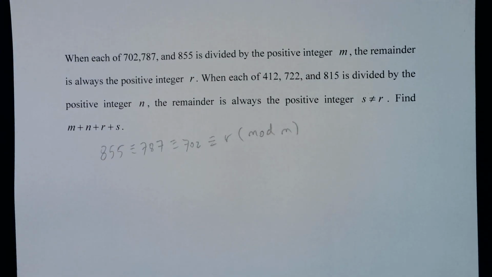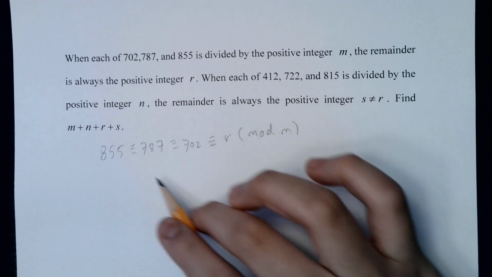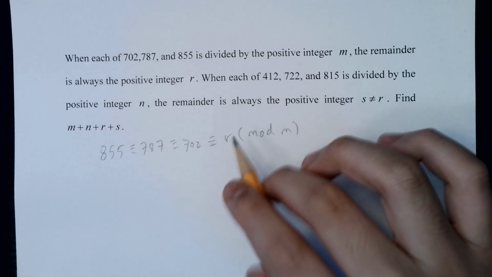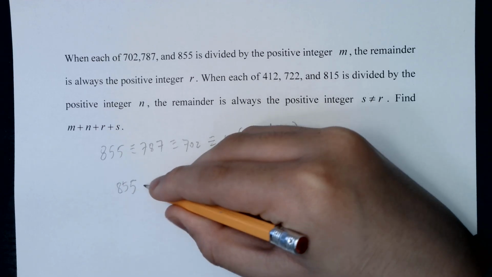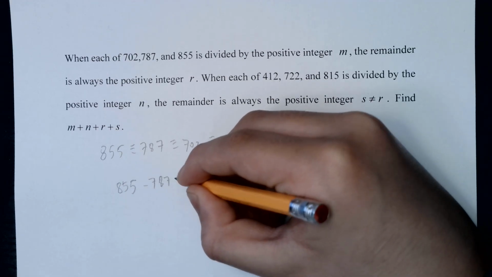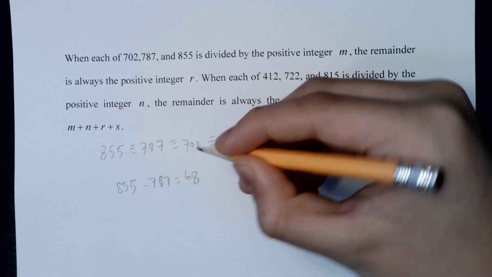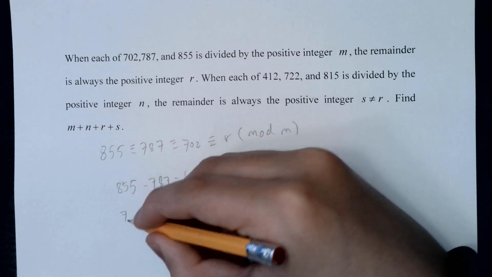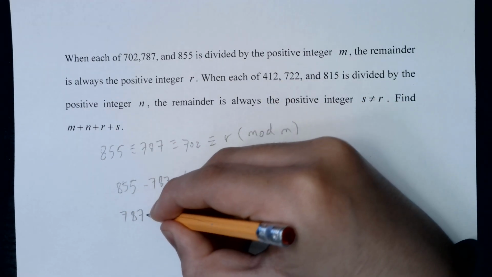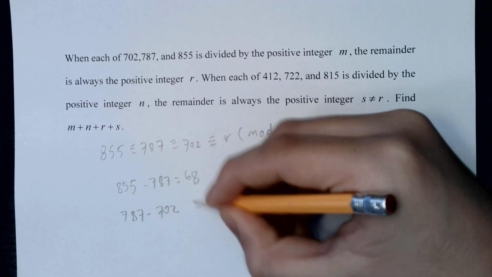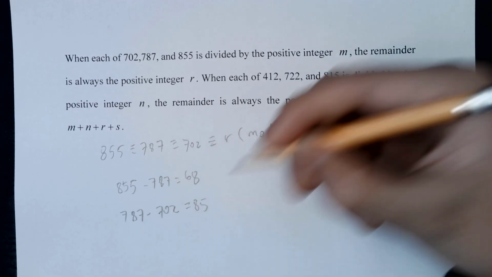From this, we can find the difference between these numbers, so we can remove the component r. So we can see that 855 minus 787 is going to equal 68, and similarly for 787 and 702, we can find the difference between them, which is going to be 85.